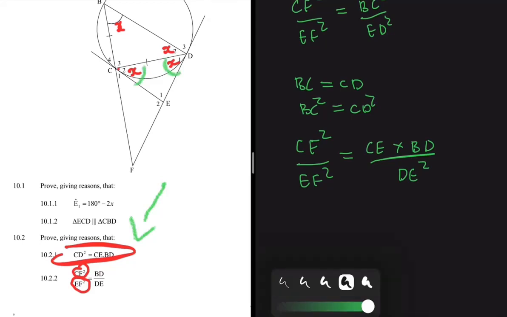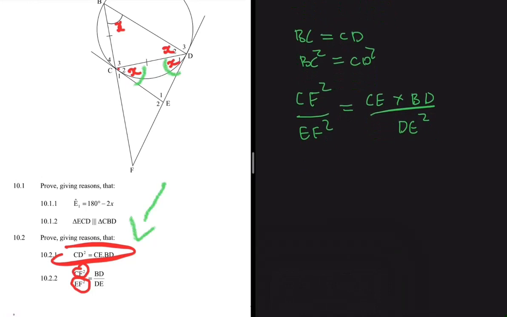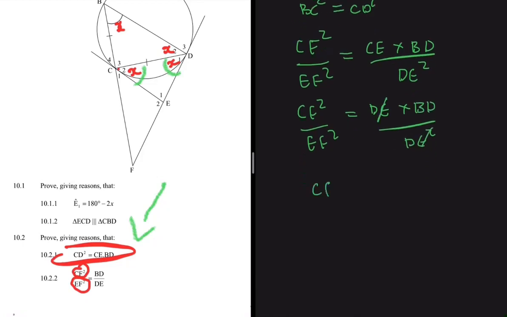So in place of CE, we're going to put DE. So we have CF squared divided by EF squared being equal to, in place of CE, we put in DE multiplied by BD divided by DE squared. So DE and DE cancel, and we are left with CF squared divided by EF squared being equal to BD divided by DE.